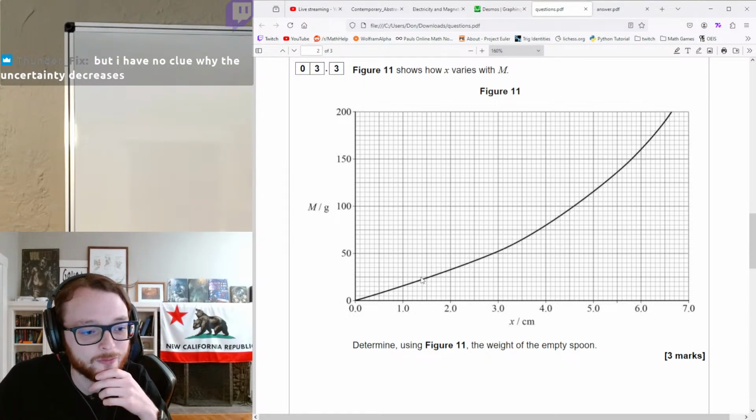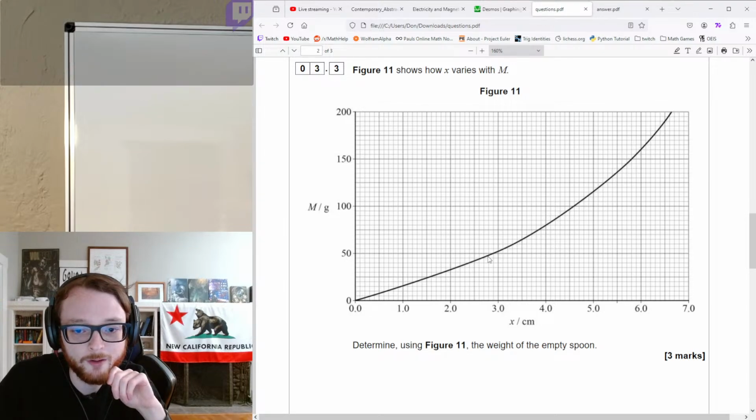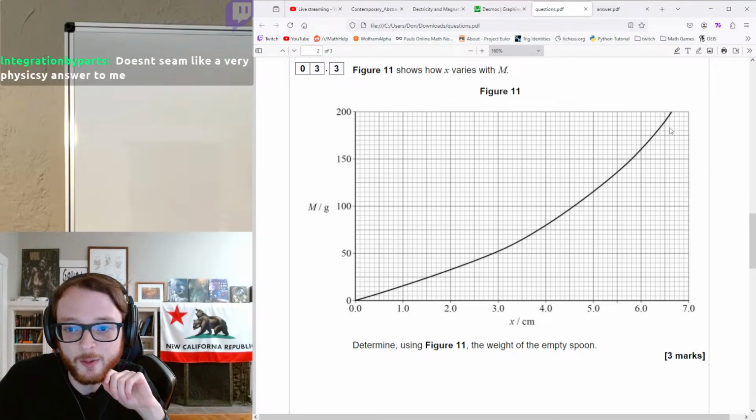I'm saying the uncertainty increases because here you have a little bit more than 3 whole centimeters for 50 grams of weight. And their point is that over on the right side here, you only have about a centimeter for 50 grams of weight.